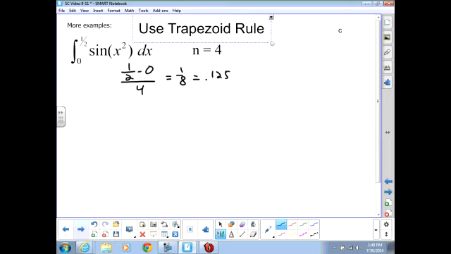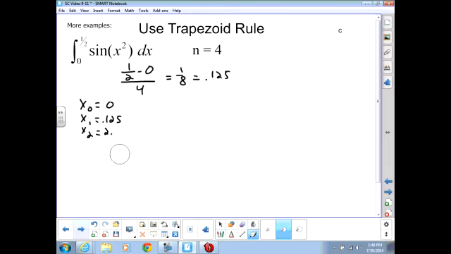That might make our lives easier. So our x0 is 0, x1 is 0.125, x2 would be 0.25, x3 would equal 0.375, and x4 would equal our last part there, the 1/2 or 0.5.